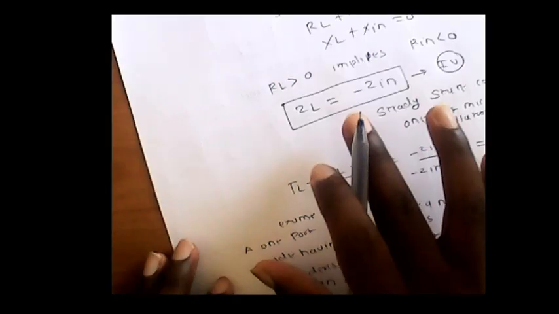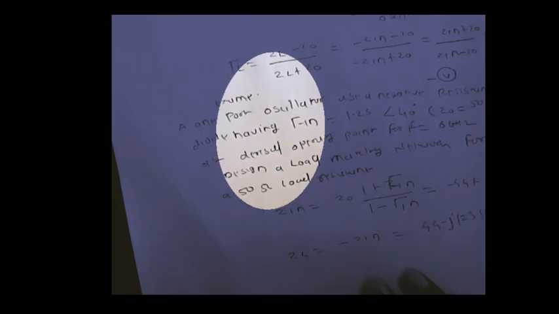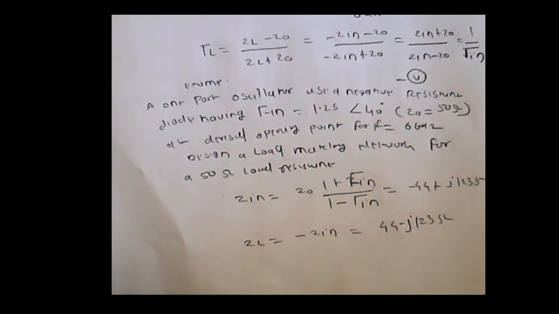So ZL is equal to minus Zin. We can calculate it as 44 minus j123 ohm. So a short stub and a series section are used to convert the 50 ohm to ZL, as shown in the circuit that is to be drawn.